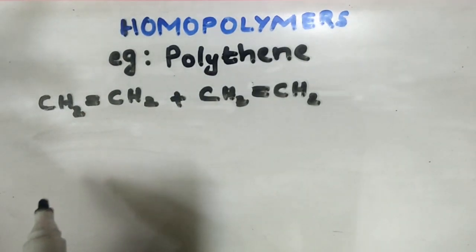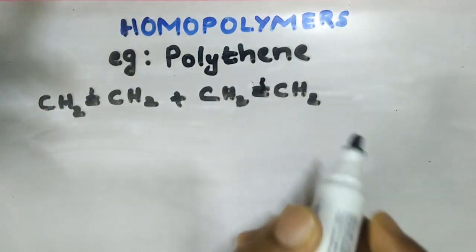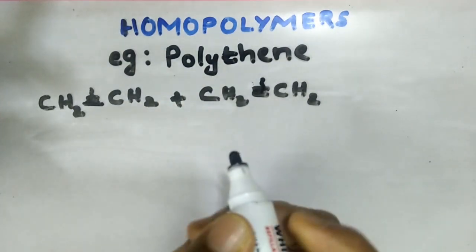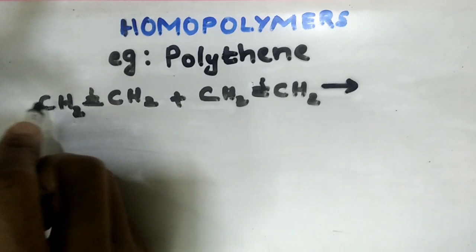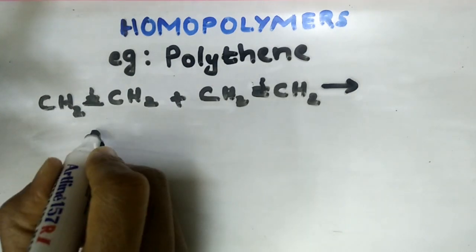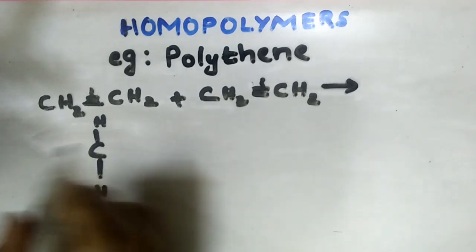In the addition reaction, what will happen? This double bond gets broken, because a double bond is easily breakable, and you get a compound like this. I am writing this carbon atom CH2 now. I am writing the full length formula.